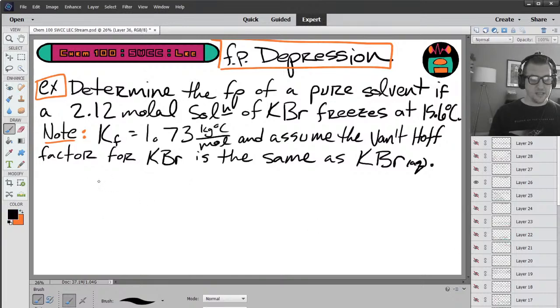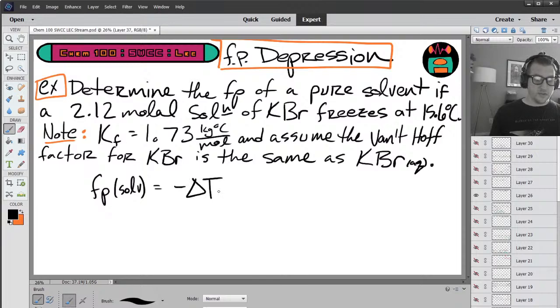Finally, this gives us that the freezing point for our solvent is equal to -1 times the change in our freezing point plus the freezing point of our solution.